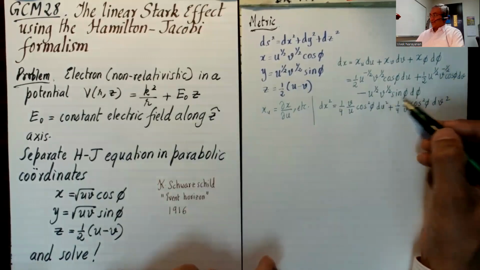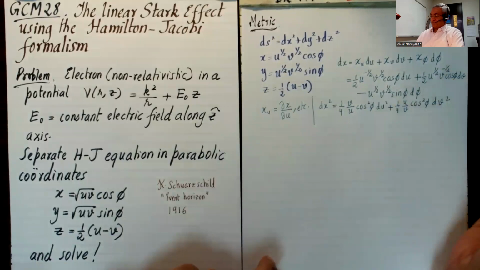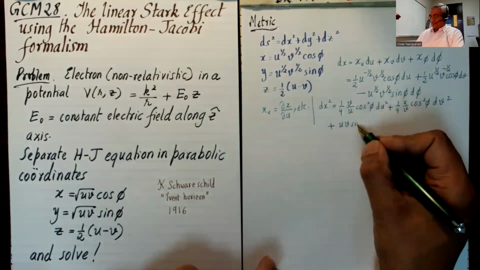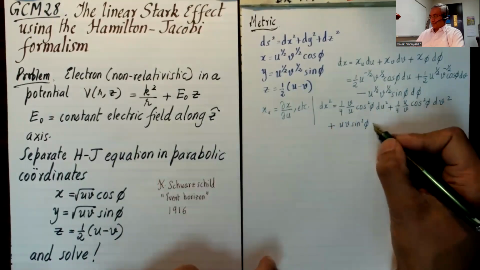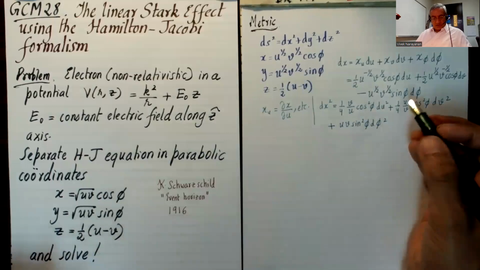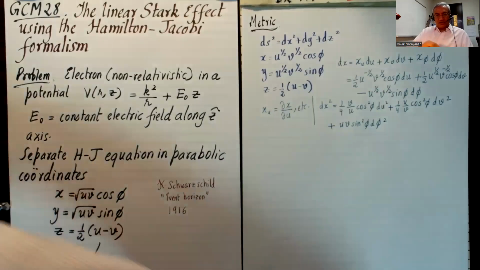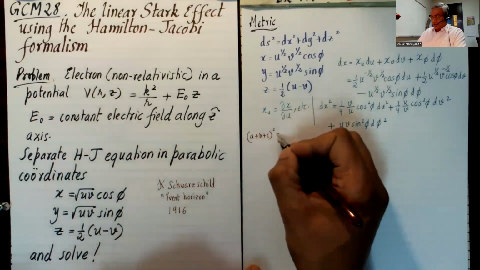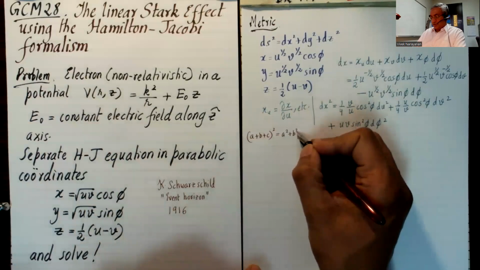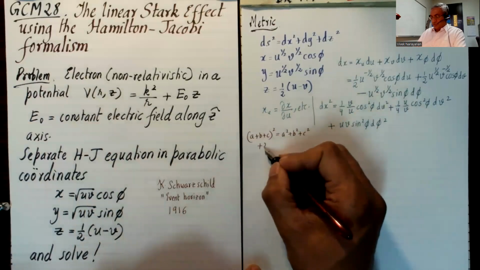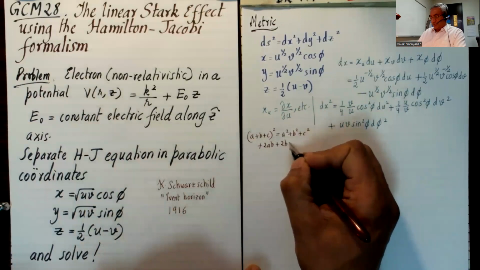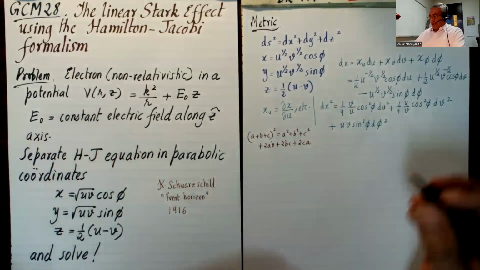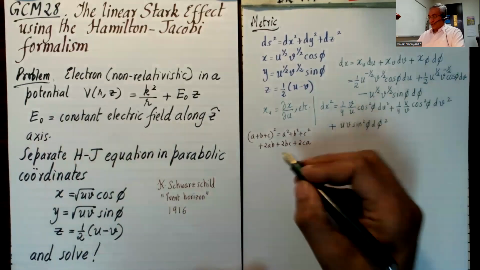Then I have to square that. There are 3 more terms because what we are doing is using a plus b plus c squared equals a squared plus b squared plus c squared plus 2ab plus 2bc plus 2ca type of formula. Keep that in mind. So doing the 2ab.